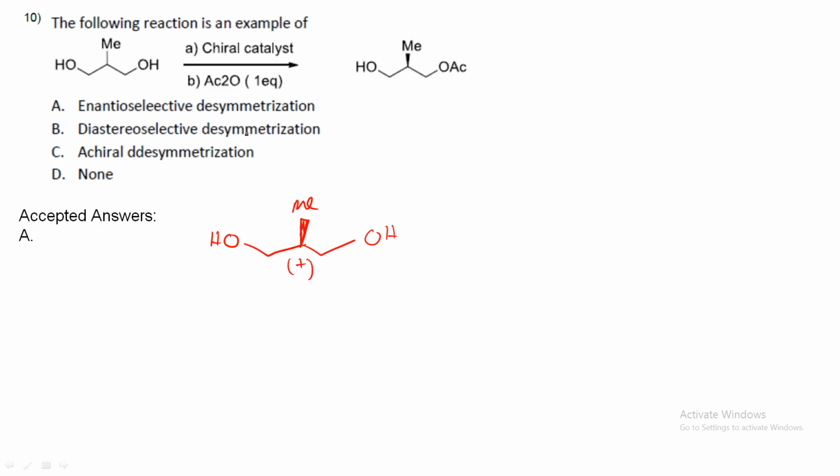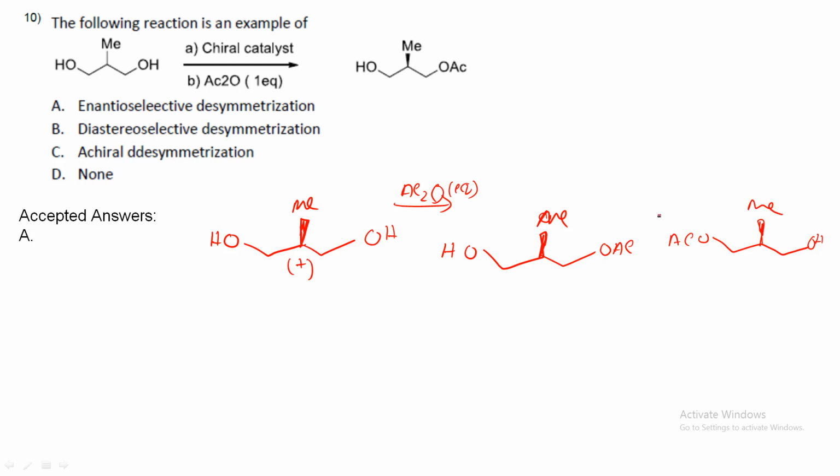Then we are doing acetic anhydride treatment, one equivalent. So two possibilities are there. We would be generating this compound and this compound.